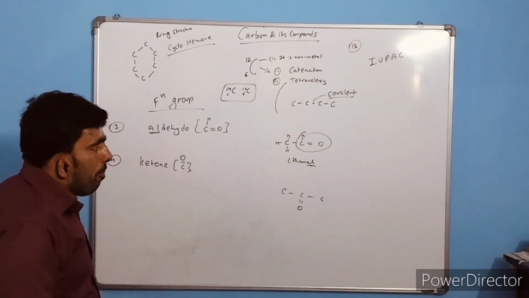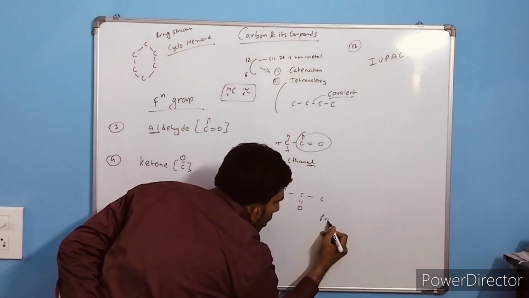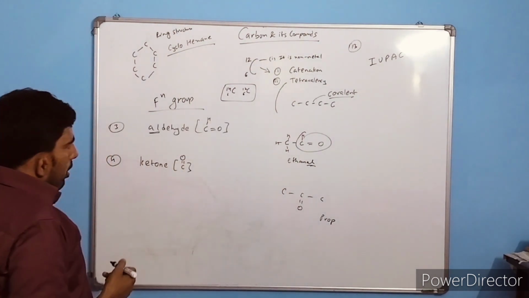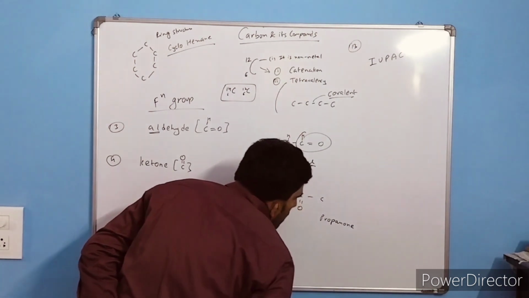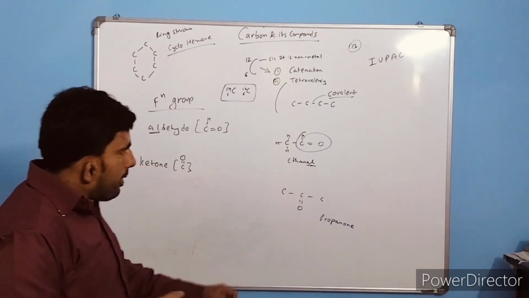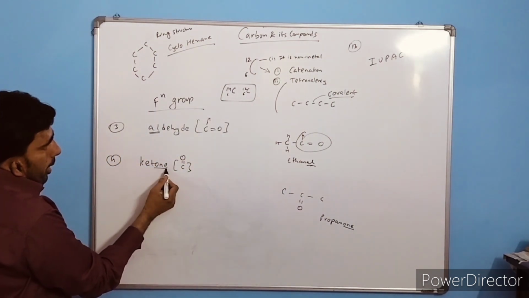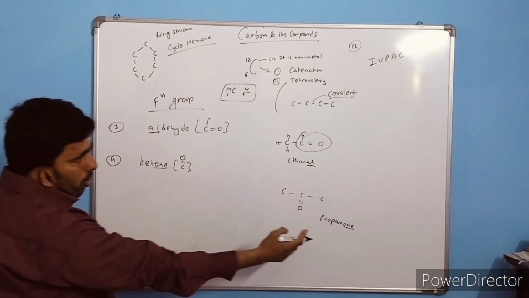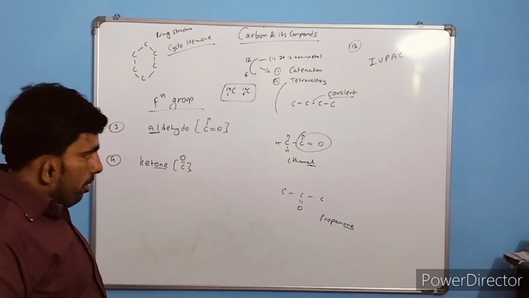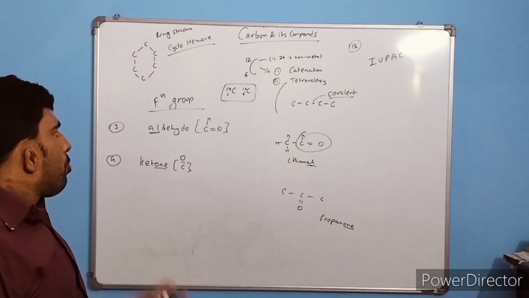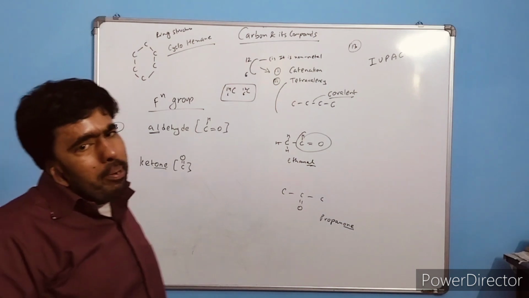What will its naming be? Three carbons, prop, one. Propanone. Here I am using a suffix, so easily you can identify its name, propanone or propan-2-one. So now we have two names, that is common name and chemical name.